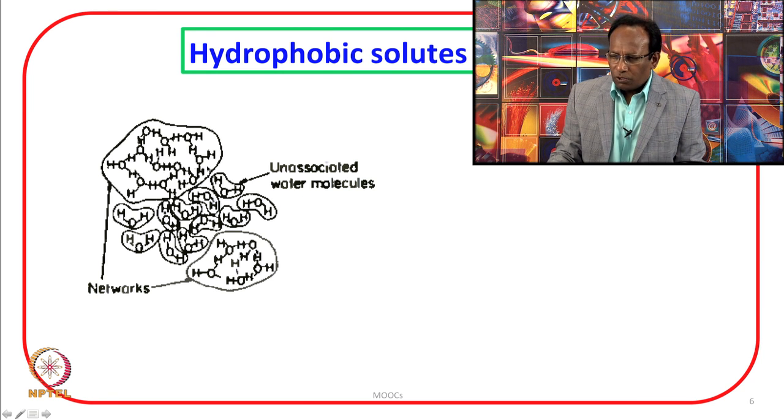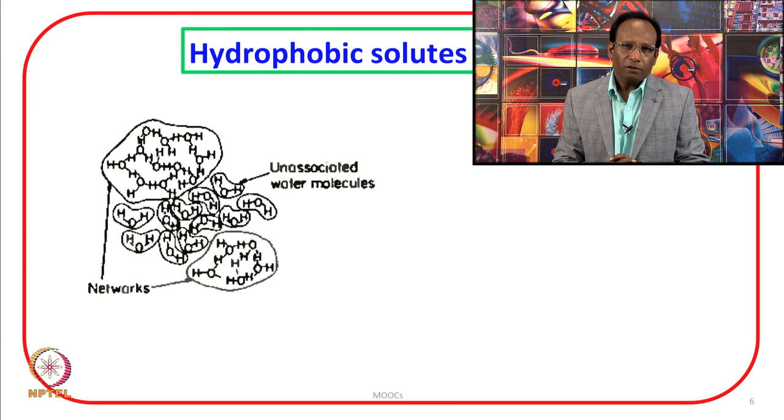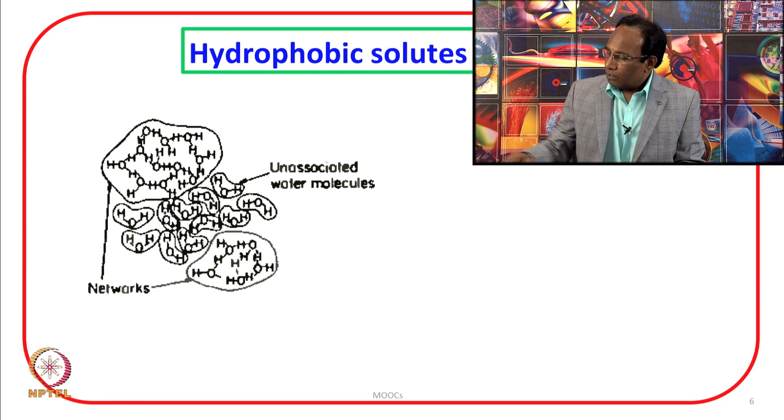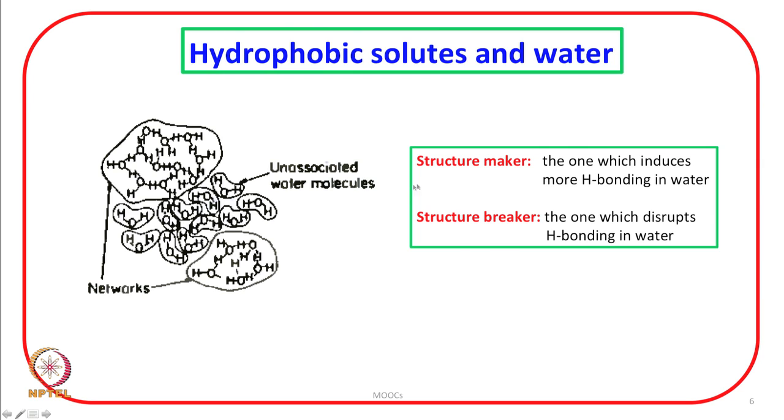And any solute which shifts the equilibrium towards more unassociated water molecules, or the one which leads to disruption of hydrogen bonding, that will be called a structure breaker. So, take a look at the comment, structure maker: the one which induces more hydrogen bonding in water, means which will shift the equilibrium towards the hydrogen bonded network, and the structure breaker, the one which disrupts the hydrogen bonding in water.